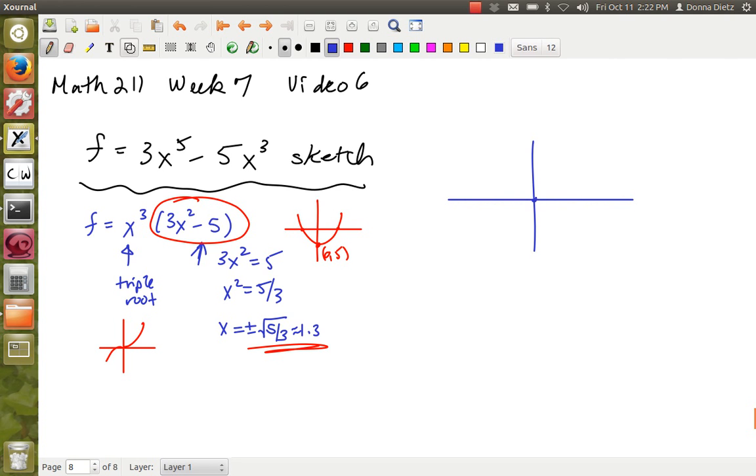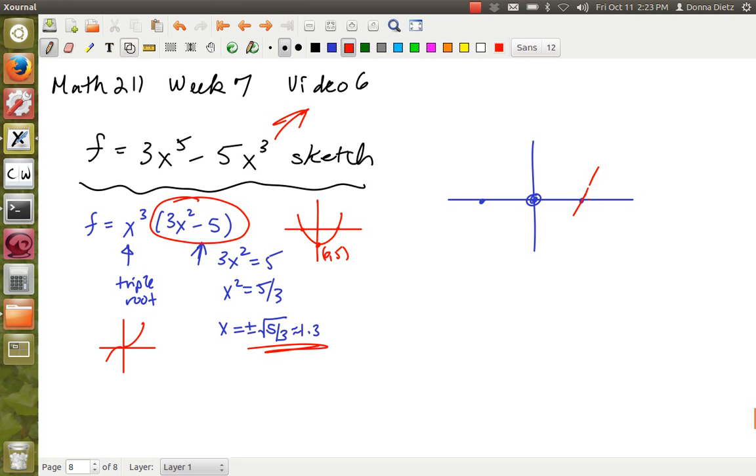We have a triple root here, and a single root here, and a single root over here. But you look at this guy, he's going off to infinity at the end, so we're going to eventually go up in quadrant 1, right over there, okay? And we know this is a regular old root. The other thing you notice about this problem is there's this symmetry.